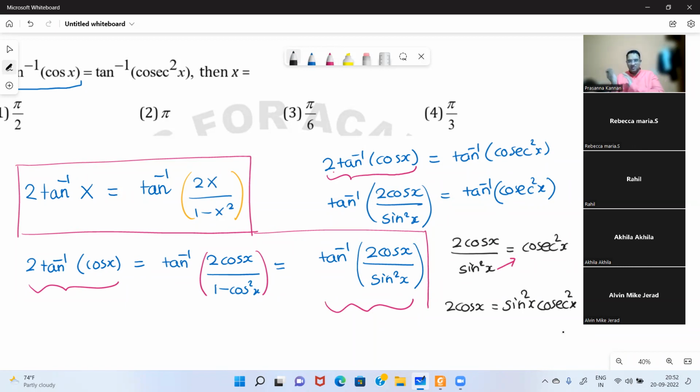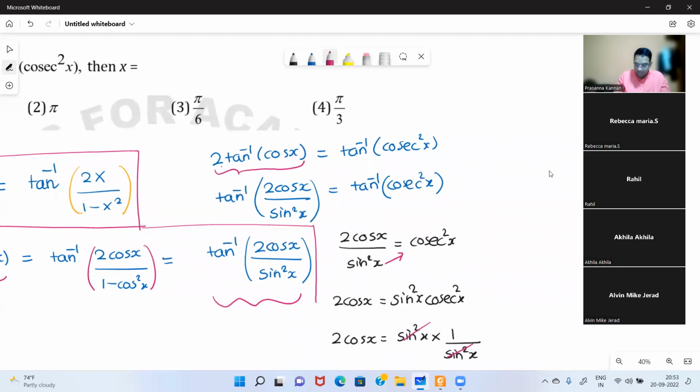Don't you think sine x and cosecant x are reciprocals? So cosec square x can be written as 1 by sine square x. So 2 cos x is equal to sine square x into 1 by sine square x. Sine square x and sine square x can be cancelled provided x is not equal to 0. X equal to 0 is not an option in the question. Therefore, we can cancel them. So 2 cos x is equal to 1.